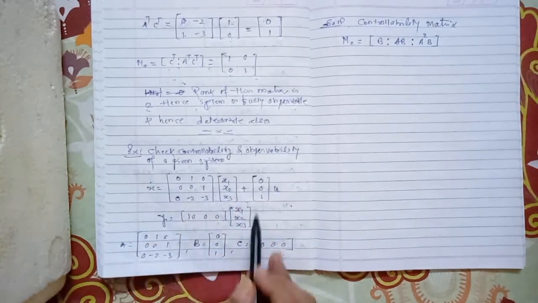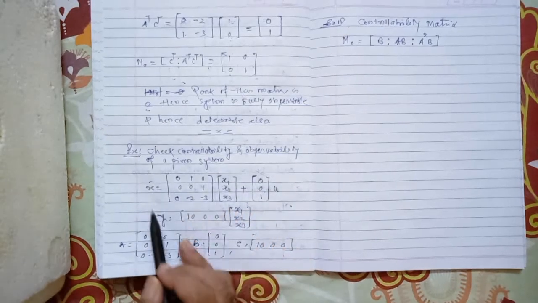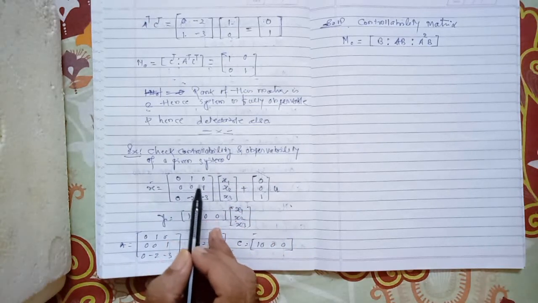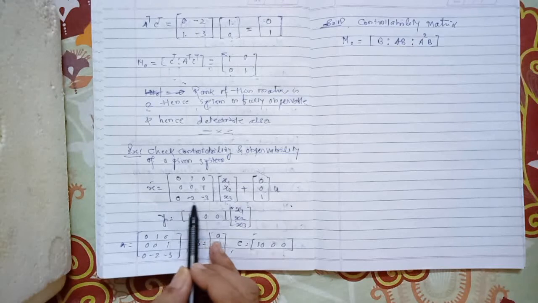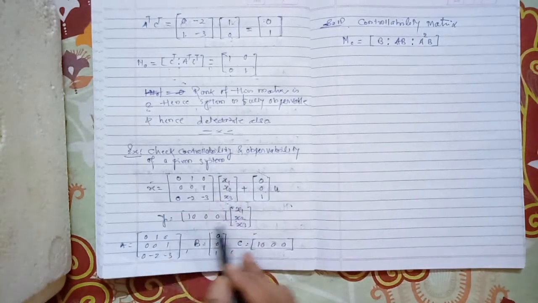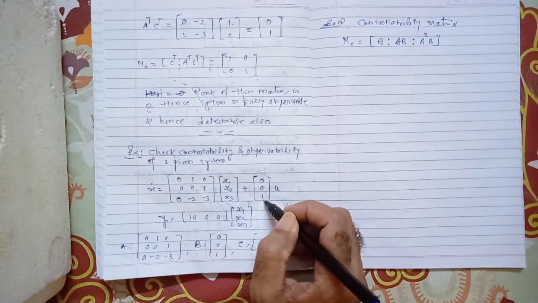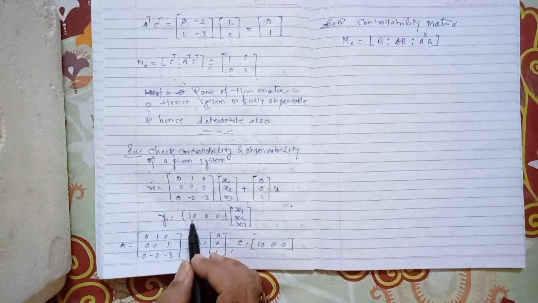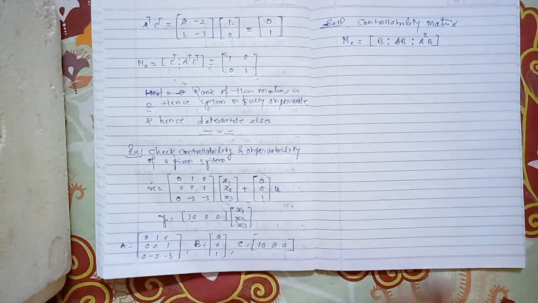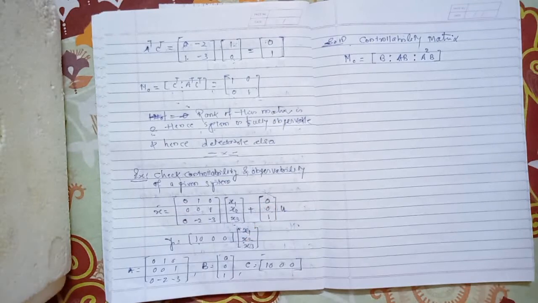If we look at the given equation, x dot equals this one and y equals this one, this is in controllable canonical form. All the superdiagonal elements are 1, and only the last row has all the elements. The last element of B is 1, and the first element of C has some value while all other elements are 0. So this is my canonical form.